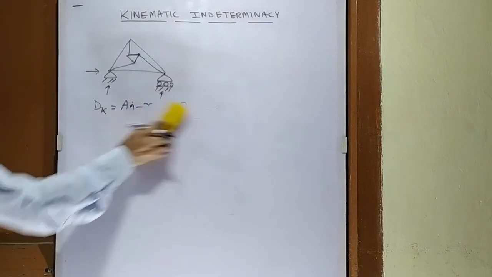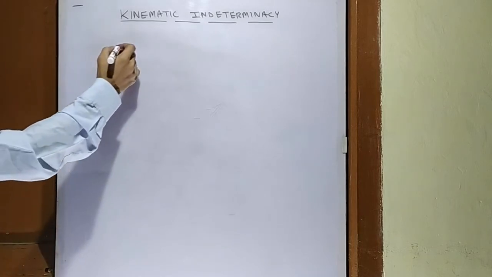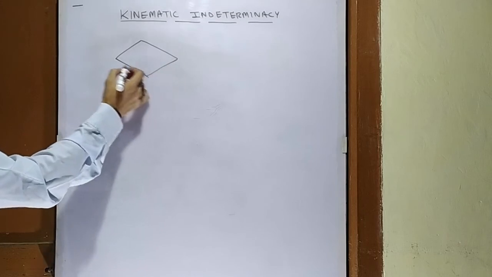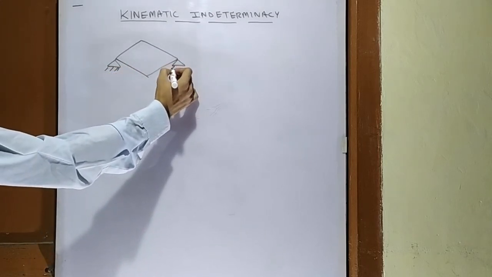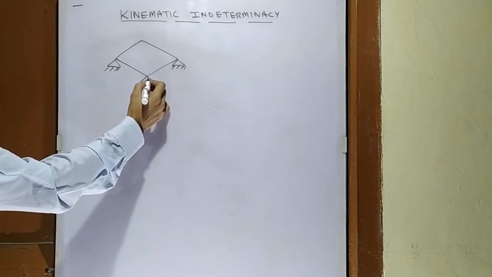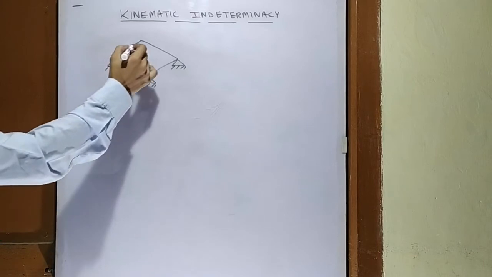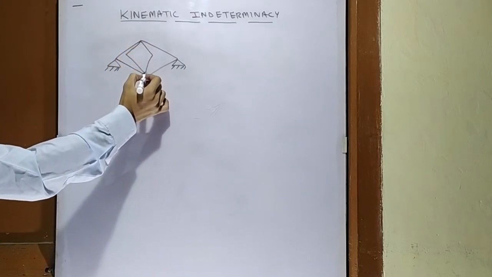Okay, we will just take another example on this truss element. So this is a truss, and at this joint there is a pin support, and at this joint there is also a pin support, and at this joint there is also a pin support, and some members are connected like this.